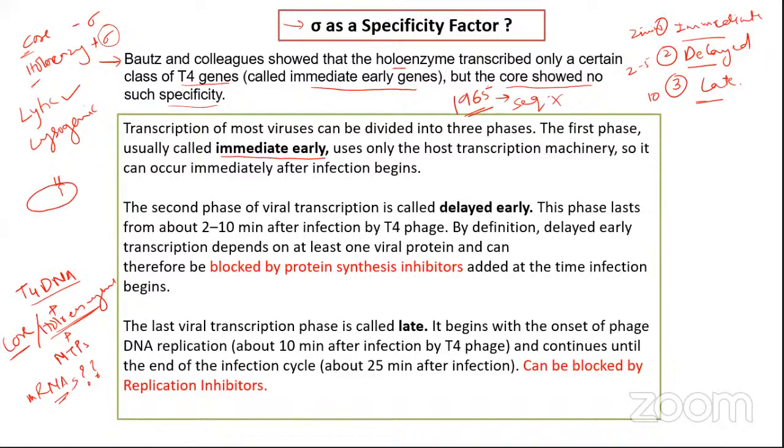So I will end the class here today. Watts and colleagues used a very interesting technique to figure out what kind of results you can expect and which genes are getting transcribed. So I will put some lines in the Google Classroom to help you think in that direction. Refer to the text there, and from that figure out what kind of mRNA products you are getting from holoenzyme activity and from core enzyme activity.